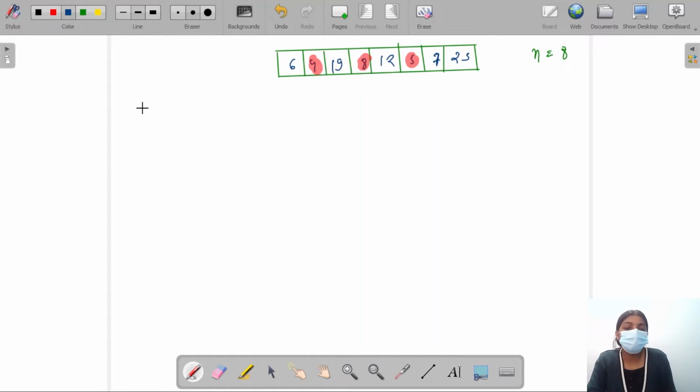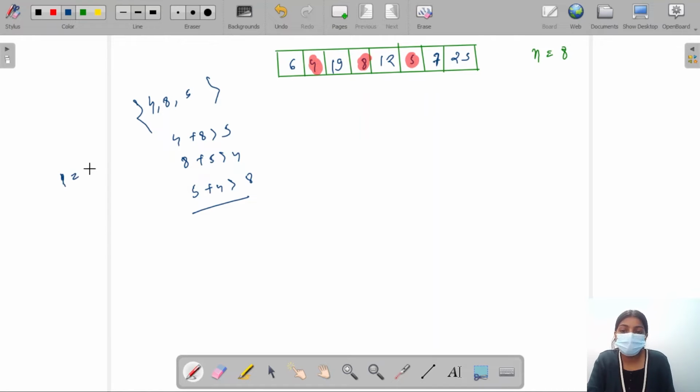So 4 plus 8 is greater than 5, 8 plus 5 is also greater than 4, and 5 plus 4 is also greater than 8. So these three sides form a triangle, and the perimeter is 4 plus 8 plus 5, which equals 17.